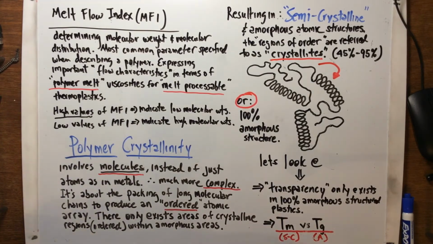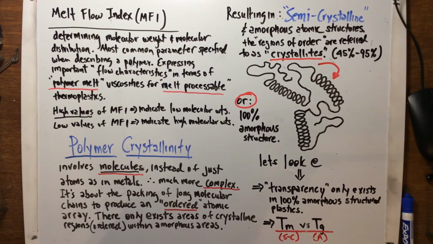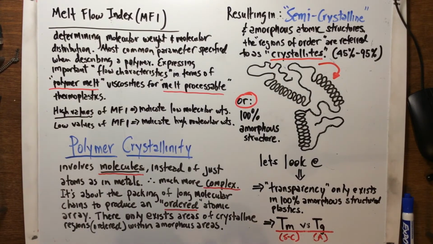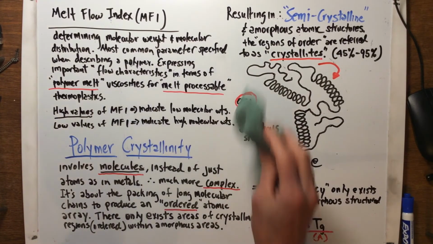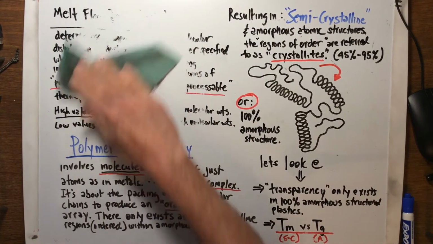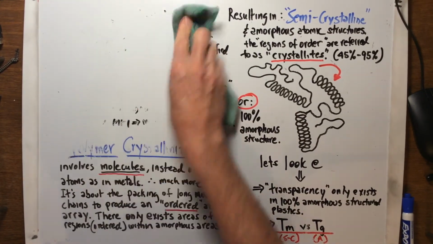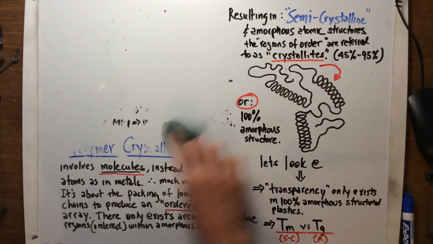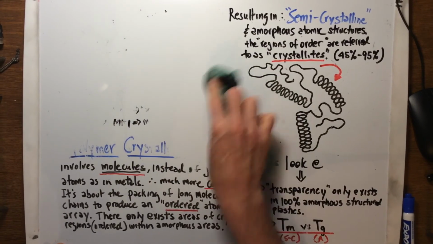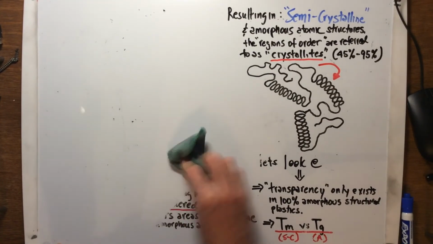Now, what we'll talk about now is some facts with respect to properties and I'm going to write these down here. As the amount of crystallinity in a polymer increases, some things begin to change property-wise.